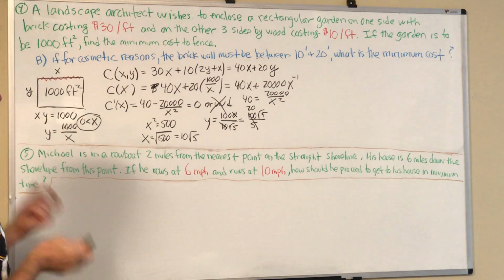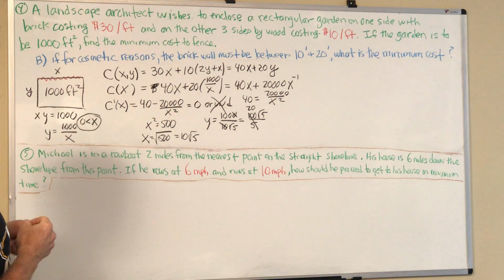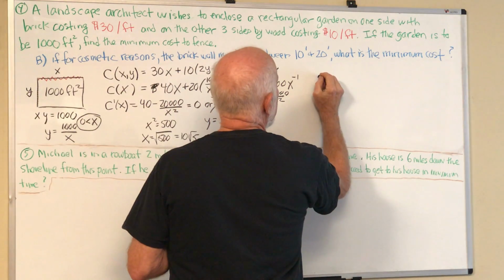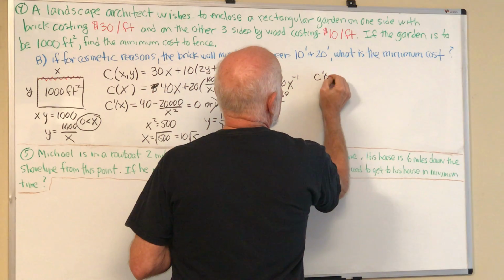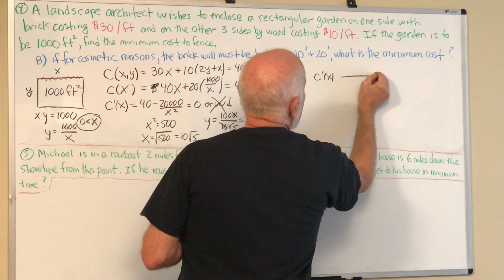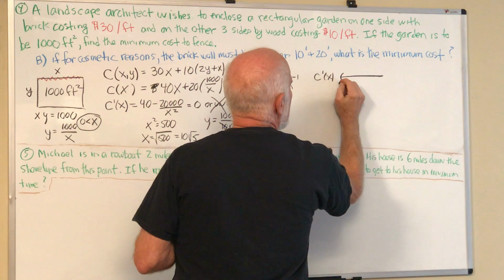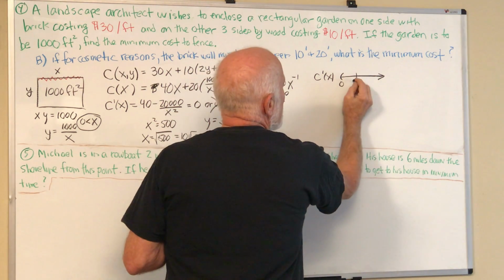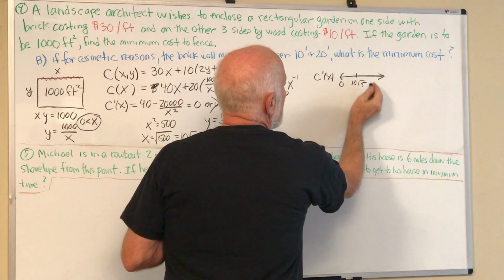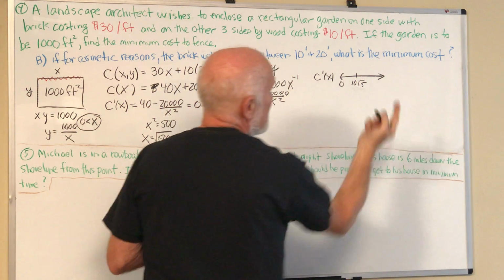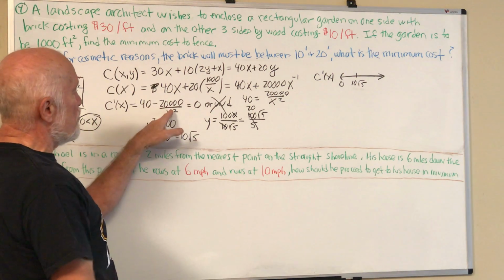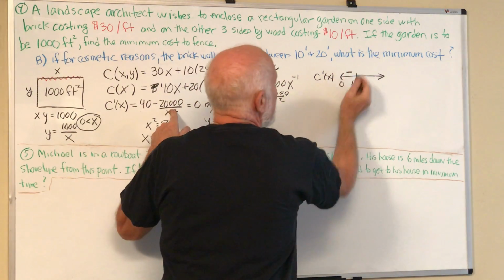Now, we haven't really checked to see whether that's a max or a min, so we probably should put it on our number line like we usually do. And all we know is that x has to be greater than 0, and it can be as big as it wants. And that was our only critical value. Well, if you take a number less than this, like 1, the derivative would be 40 minus 20,000, which is pretty negative.